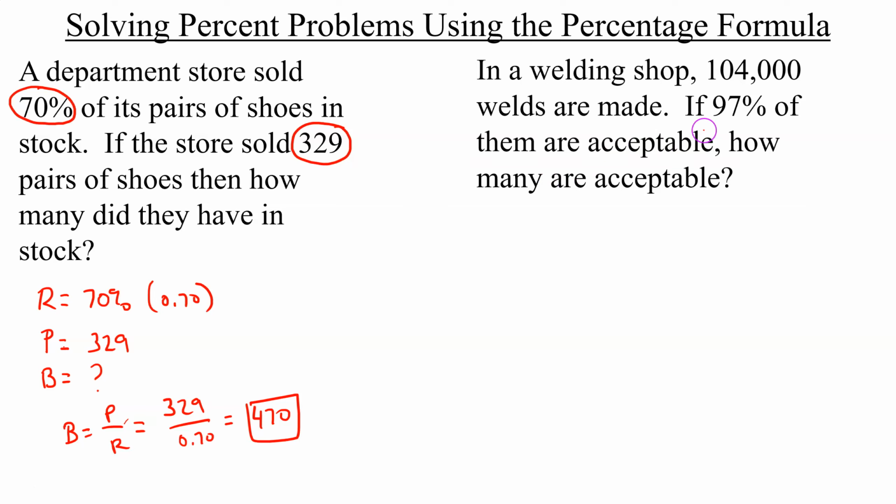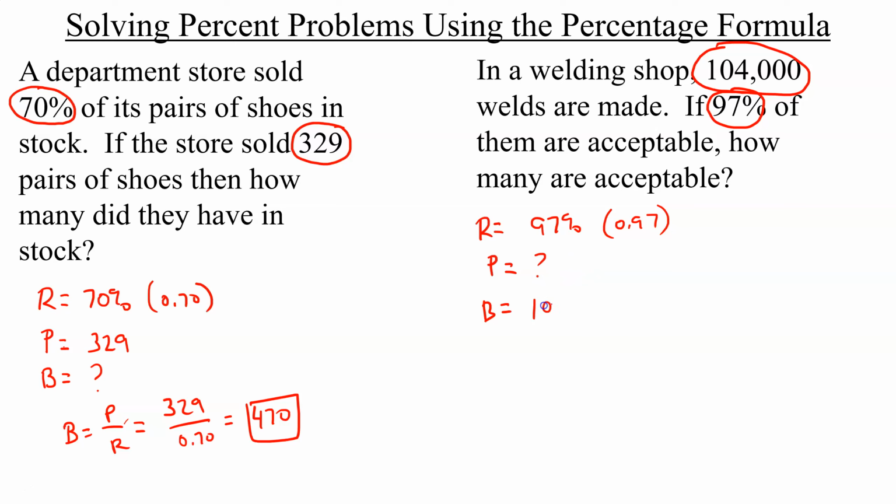Final example. In a welding shop, 104,000 welds are made. 97% of the welds are acceptable. Then we want to know how many are acceptable. Our rate is 97%, so almost all of the welds are good. And this is 0.97 in decimal form. We want to know how many of the total welds are acceptable, so we're looking for the portion.